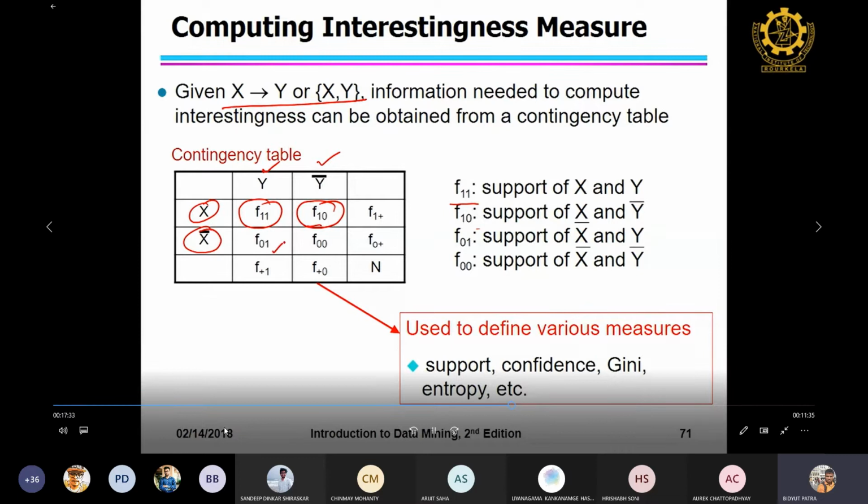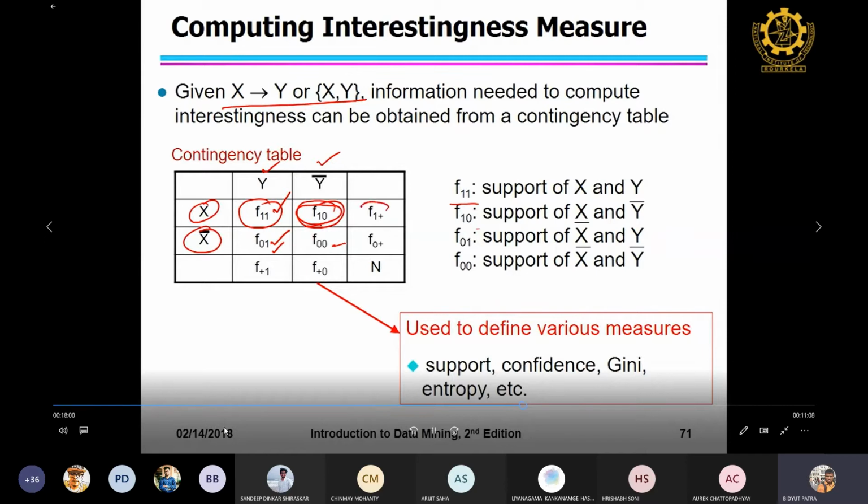And then there is F01. What is F01? The support of not x and y. That means x is not there, only y is there. So this side is only x, this side is x and y together, this side is only y but not x, and this side is where x and y both are not there.